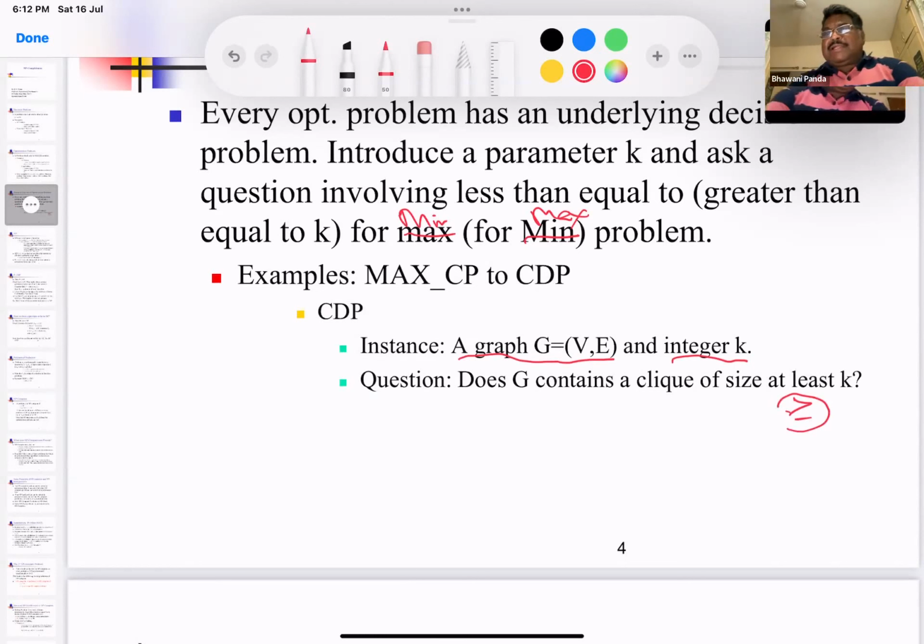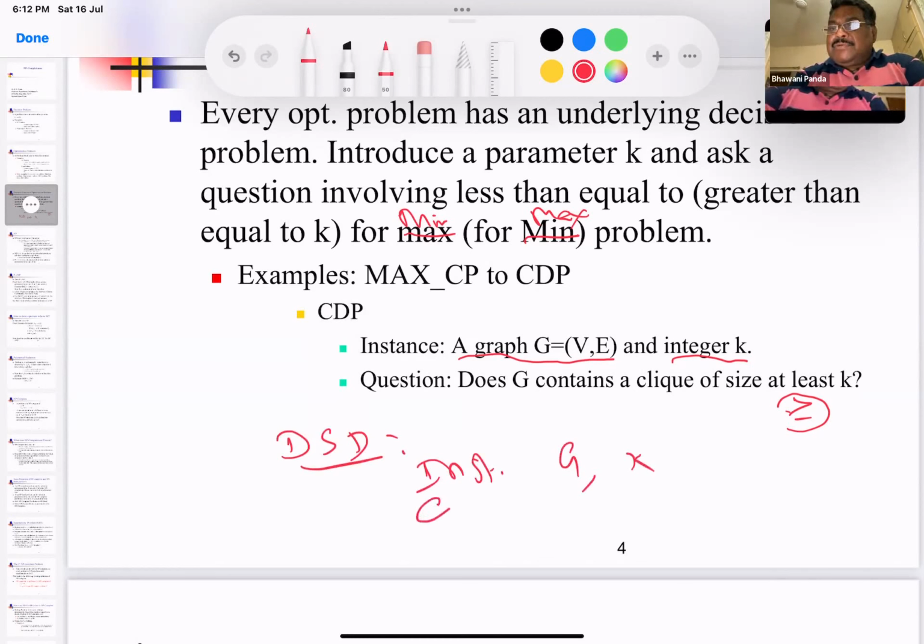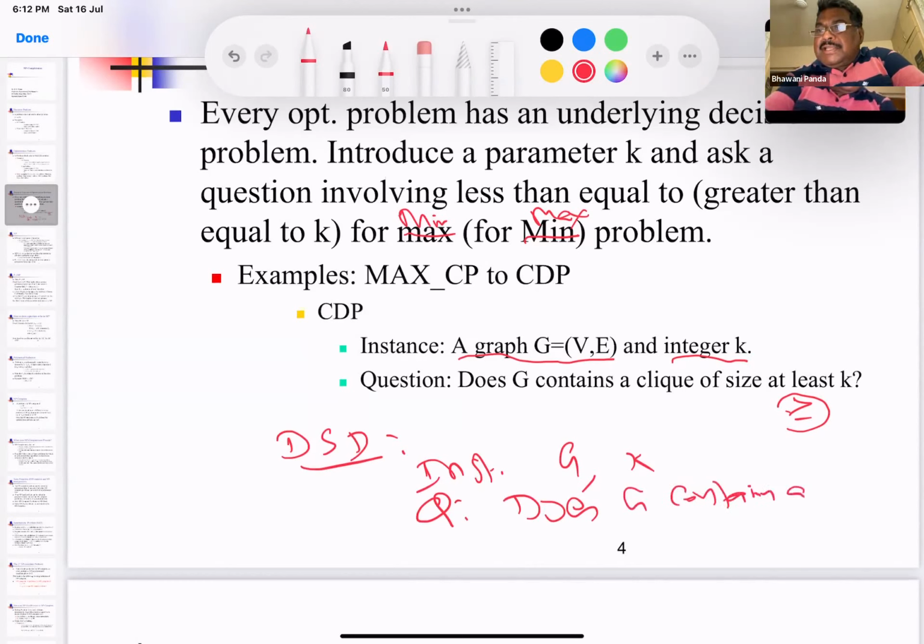For example, the dominating set decision problem. The instance is a graph G, and we introduce a parameter K, and you ask the question, because this is a minimization problem, so it should be at most K: does G contain a dominating set of cardinality less than or equal to K? Is this clear?